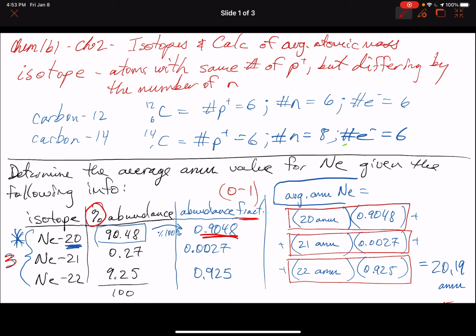Okay, so that's a key need there, is to make sure you're using fractional amounts there between 0 and 1. And then we were able to check our work by considering what was the most dominant isotope and anticipating a value close to that, given the weighting of the values by way of that abundance information. Okay, so that's isotopes.